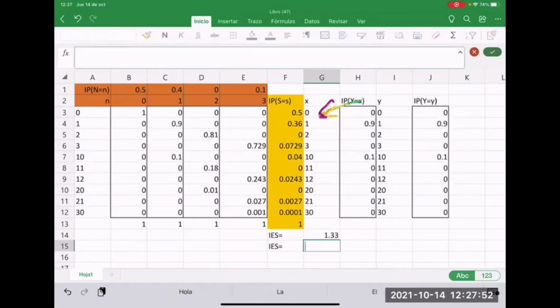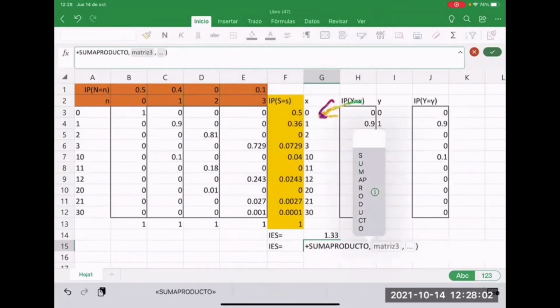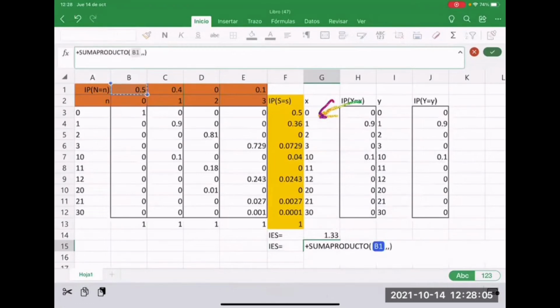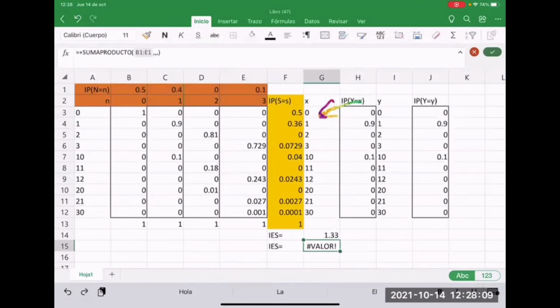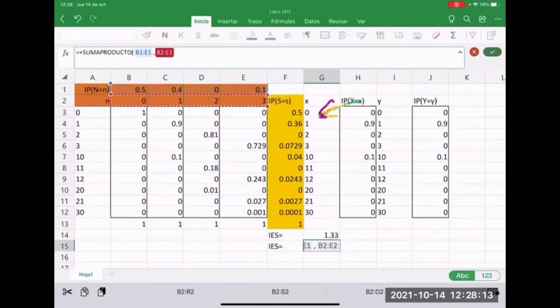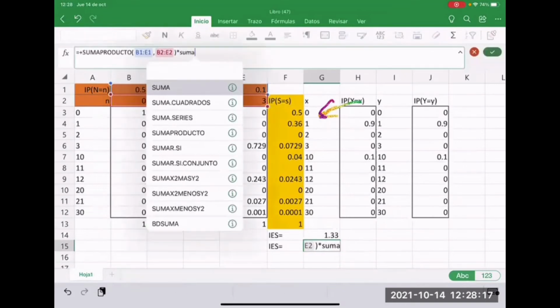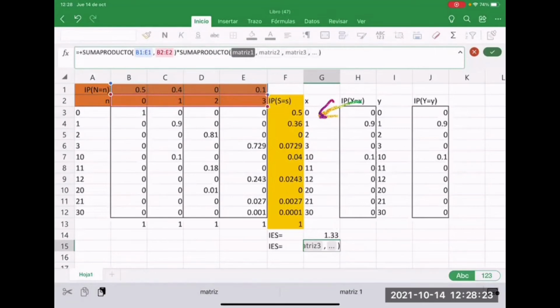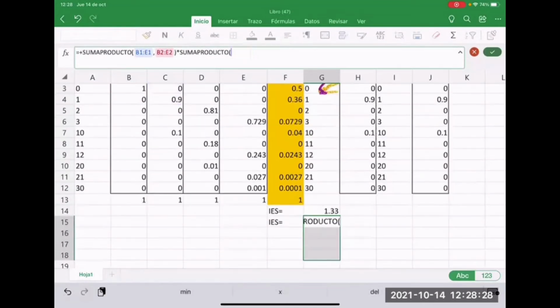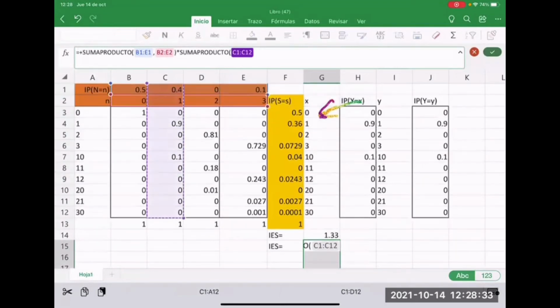That is just the formula sum product of this range here, like this, with this range around here, times the sum product of this range here with this other range around here.